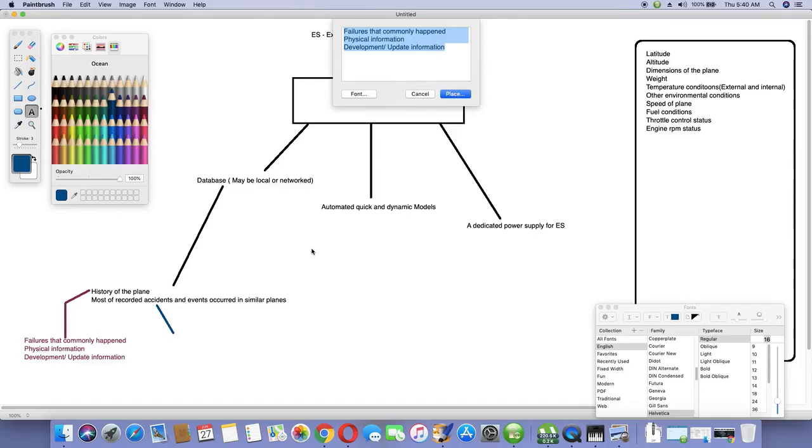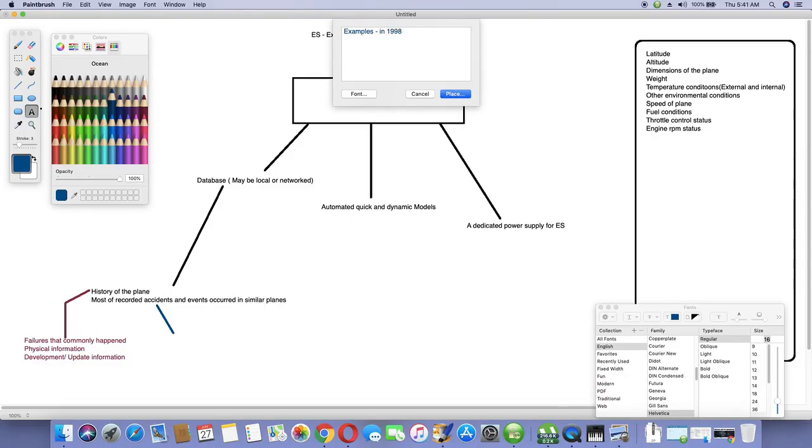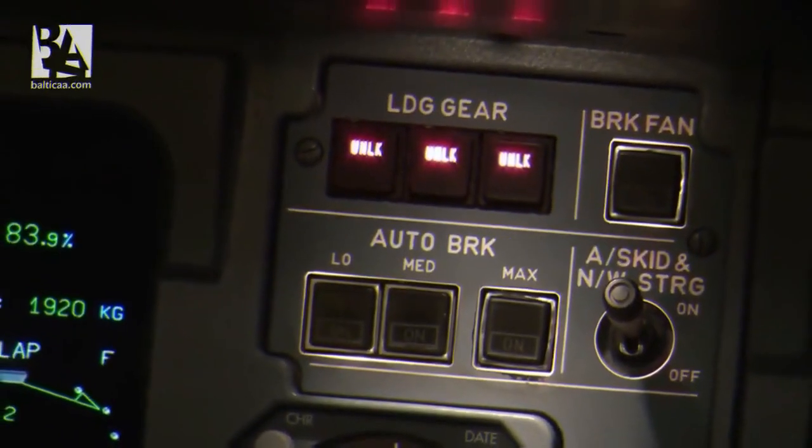Now, as an example, in 1998, sorry, Boeing, I don't know how to spell that, in 13, an A12 crashed because of engine failure. Okay, engine failure.